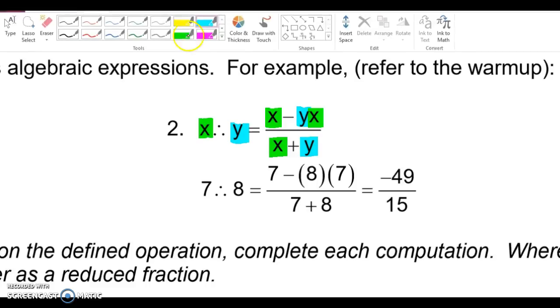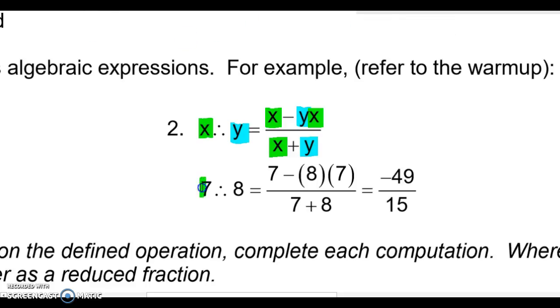So looking down at our worked out example with numbers, 7 represents x. You'll notice those green highlights match up. And the same with the blue, we've got 8 represents the y. Again, use order of operations, simplify it, and we end up getting negative 49 over 15.